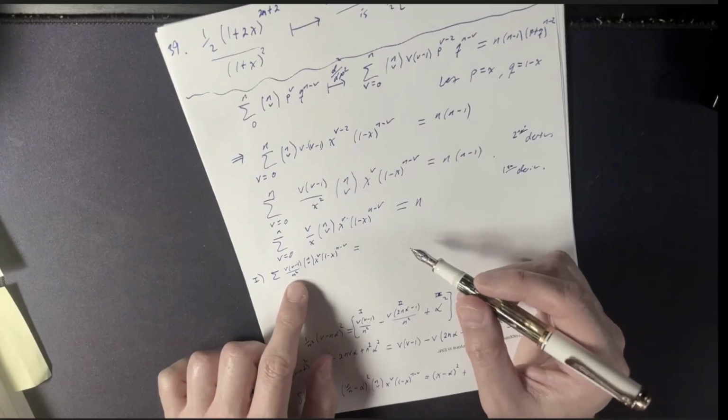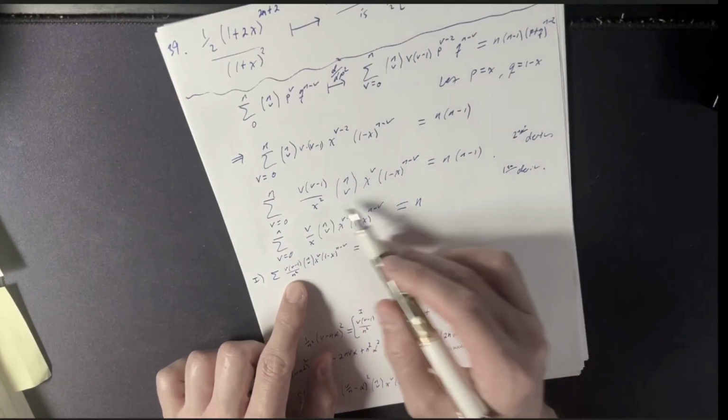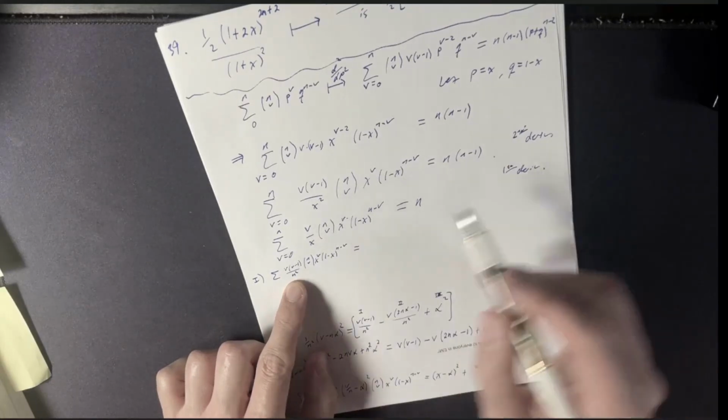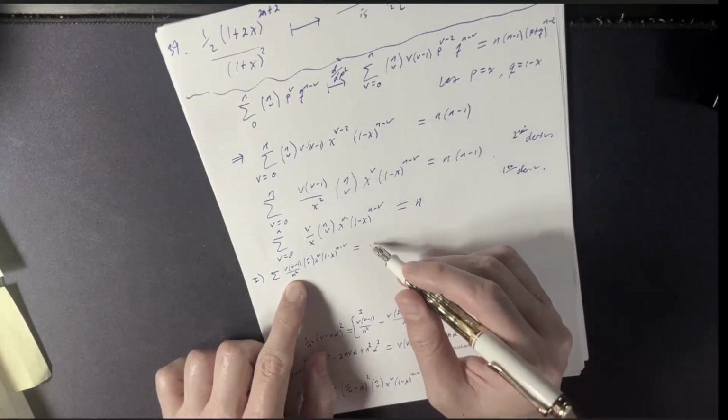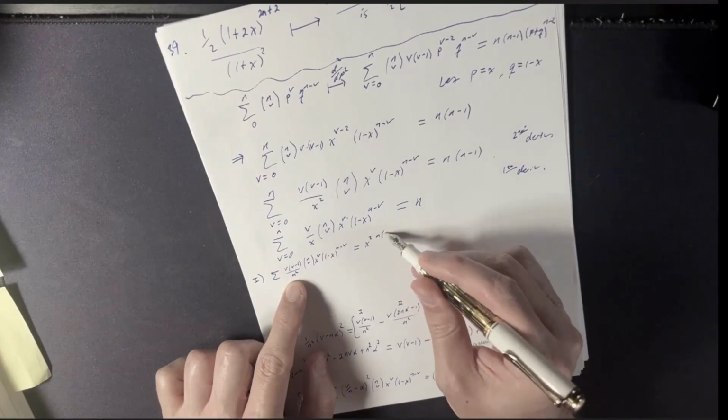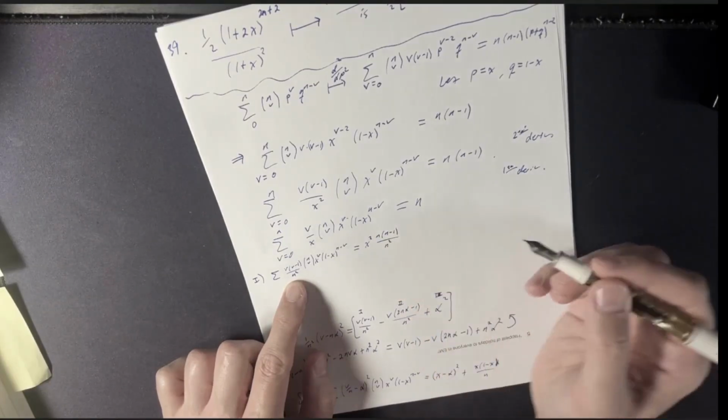Yeah, I want it exactly in this form. So we're going to put x squared over there, and then divide both sides by n squared. I'm getting x squared n minus 1 over n squared, like that.